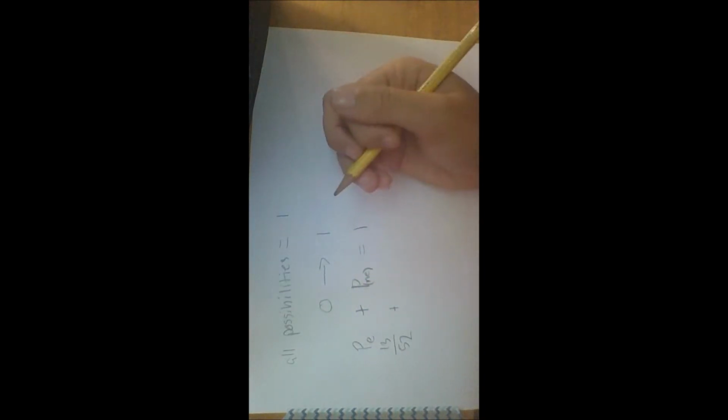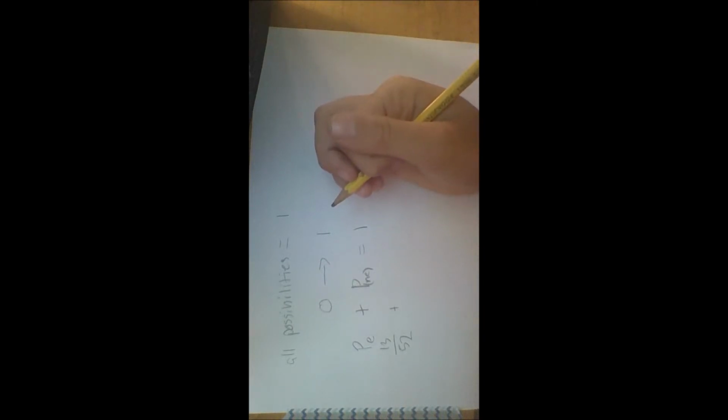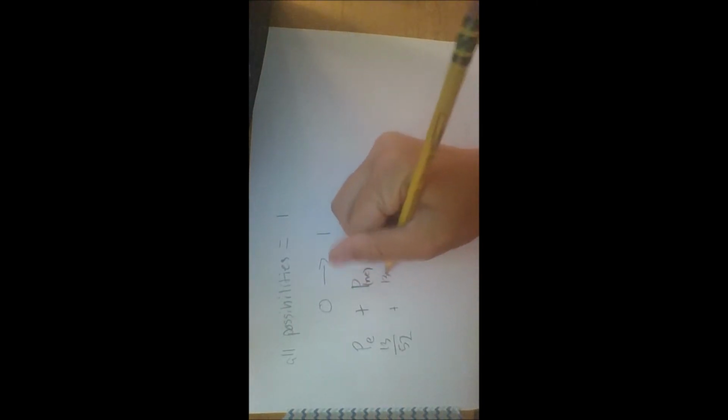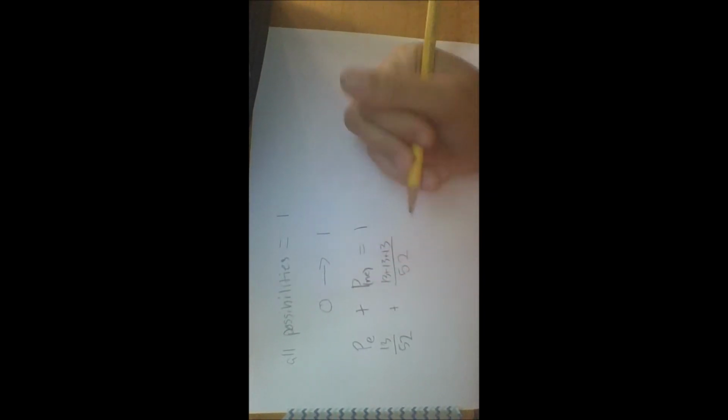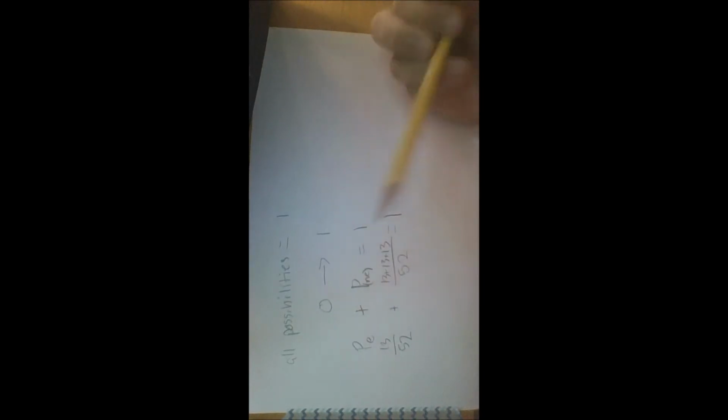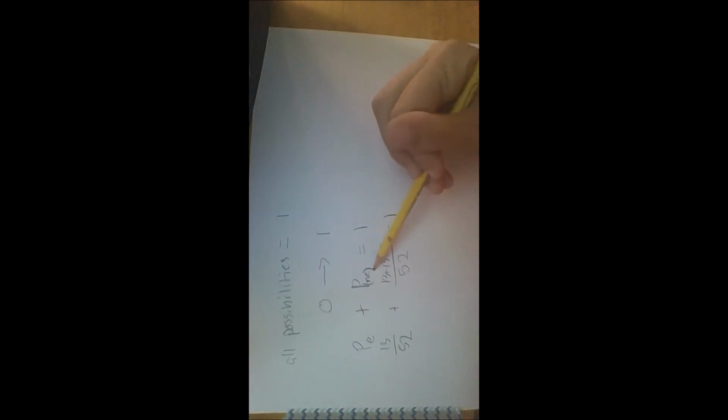Like the probability of pulling a heart out of a deck of cards is 13 over 52, right? Plus probability of not pulling a heart out of a deck of cards is 13 plus 13 plus 13 over 52, so 39 over 52, and if we add all of those together, it's going to equal 1. So the probability of an event happening is complementary to the probability of the event not happening.